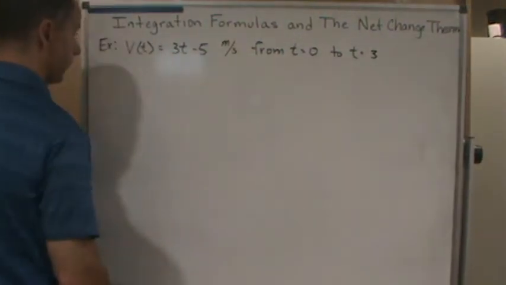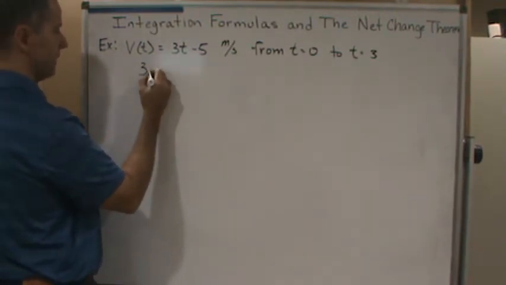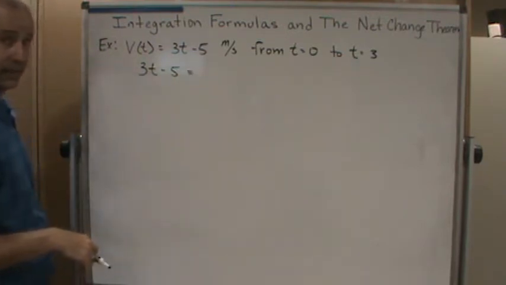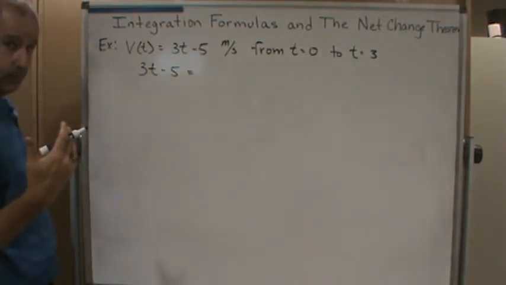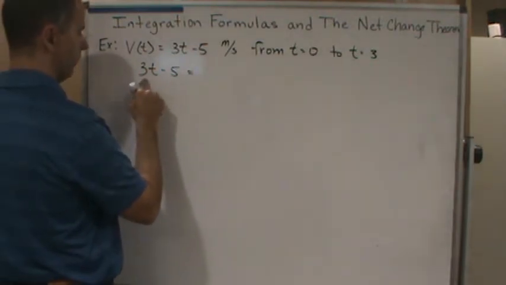The first thing I need to do is set the velocity equal to 0 and find out where the particle stops.